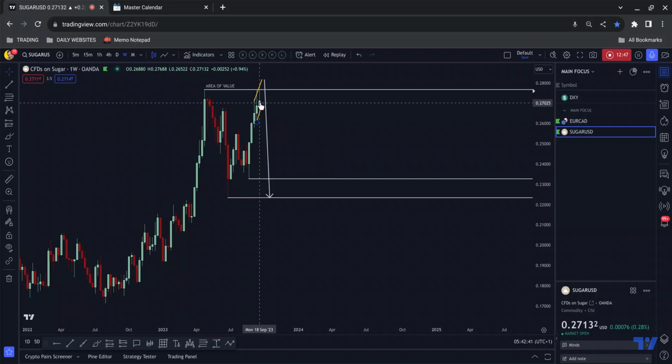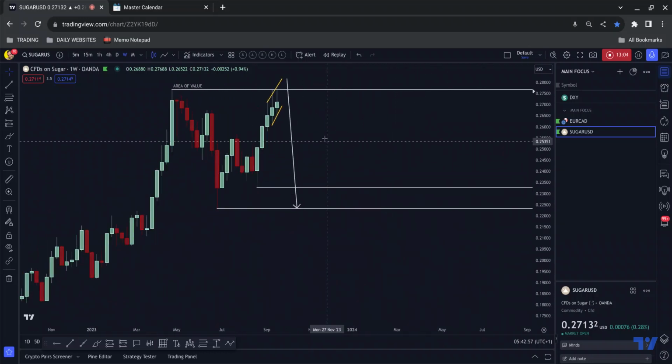We also have last week's close, which was bullish. When we have a bullish candle, a green candle with a wick above it, which wicks to the area of value, not through it, notice that these candles here have both wicked to this area of value, not through it, and they're both green. Price is more likely to gravitate back towards this area of value.